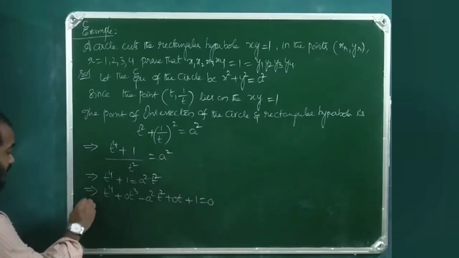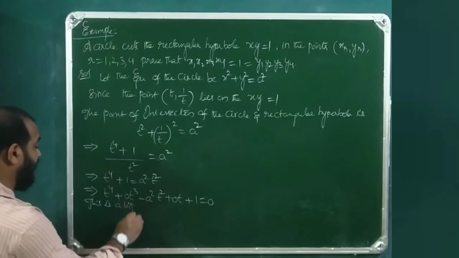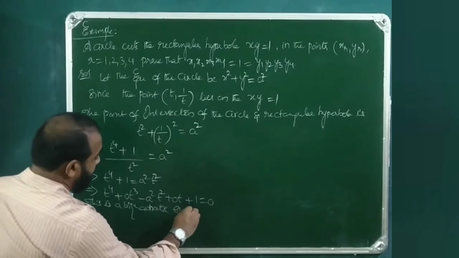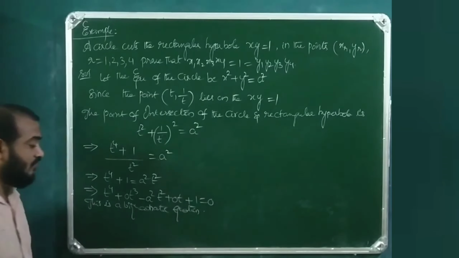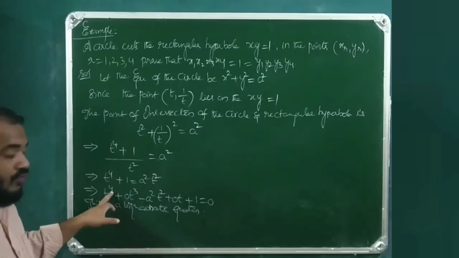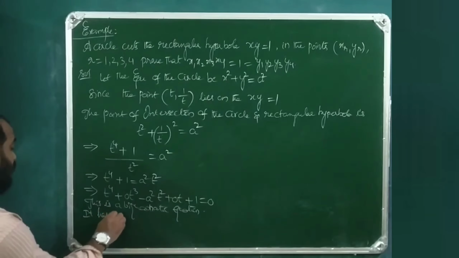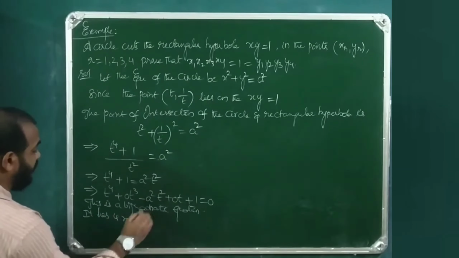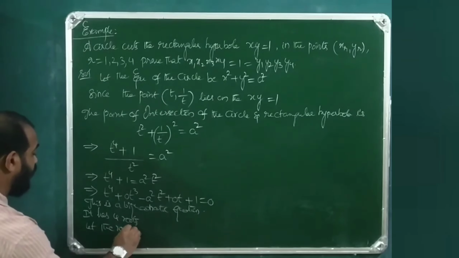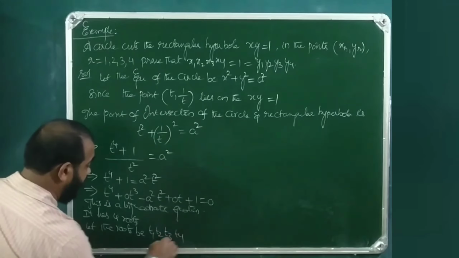So this is a biquadratic equation. Since this is a biquadratic equation, it has 4 roots. Power 4, degree is 4. So it has 4 roots. Let the roots be T1, T2, T3, T4.